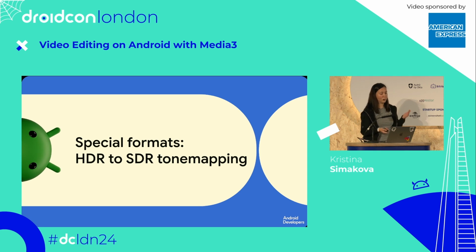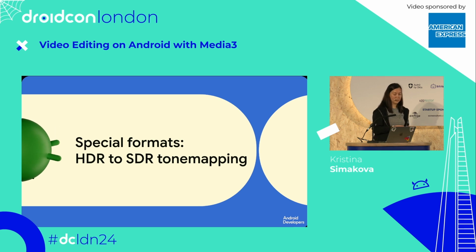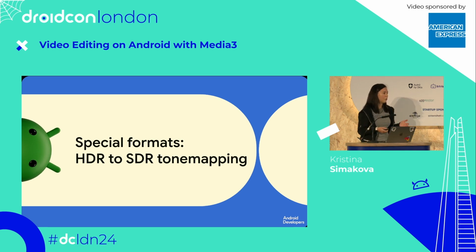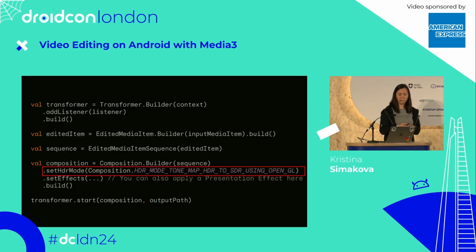As an example of an operation applied to the entire composition, let's take a look at how Transformer can help you handle special formats. With more and more devices supporting HDR video capture by default, you might need a way to tone map HDR to SDR to support more devices.